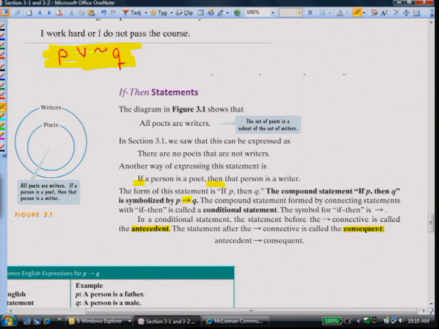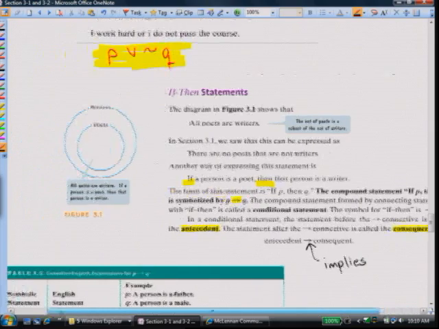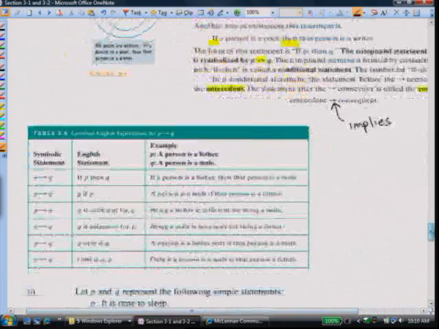So the antecedent implies or leads you to the consequence. A lot of times when I'm doing higher mathematics and writing theorems, I'll use this symbol and say the word implies. This implies this.